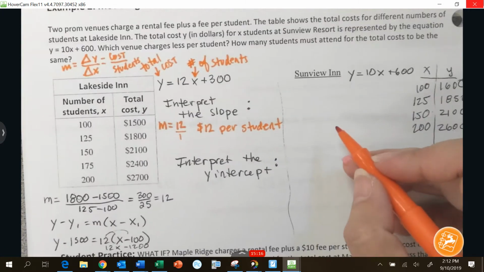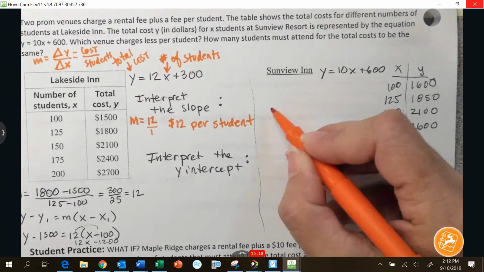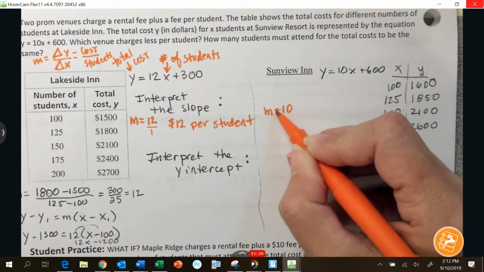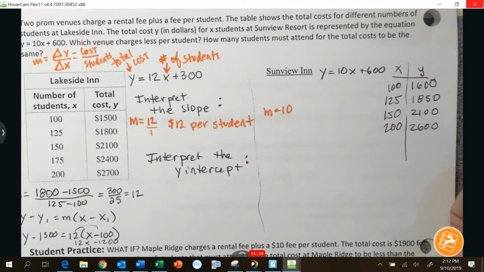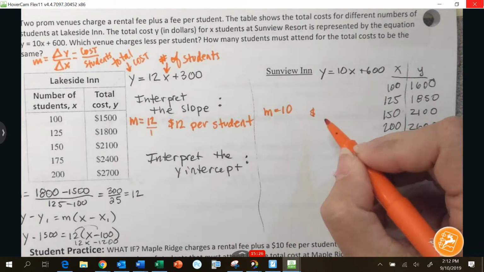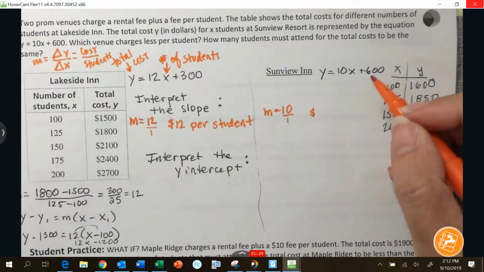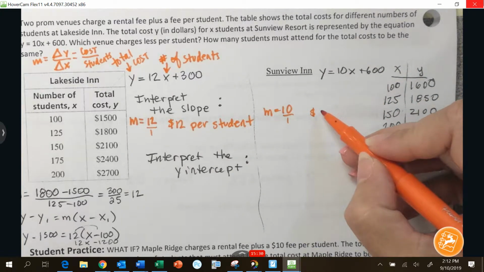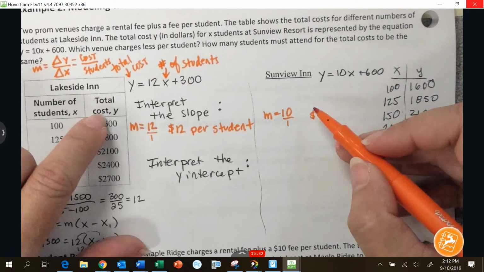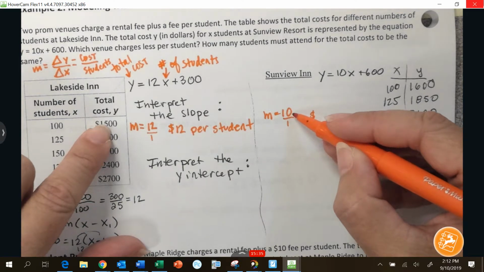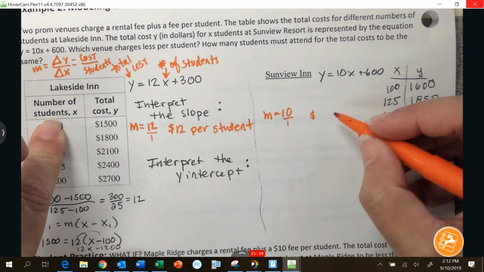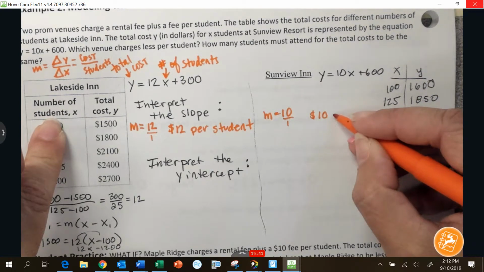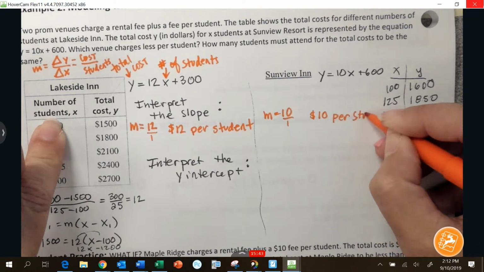How about the slope for Sunview Inn? M is 10. What does that tell us? The top number is the y cost, so we talk about 10 being the cost. The bottom number is the x values, the students. So this is $10 per student.